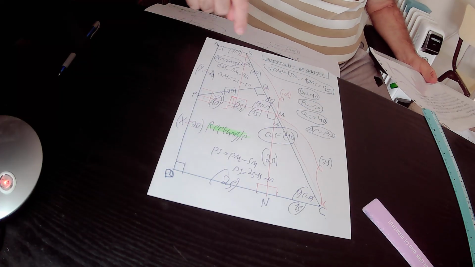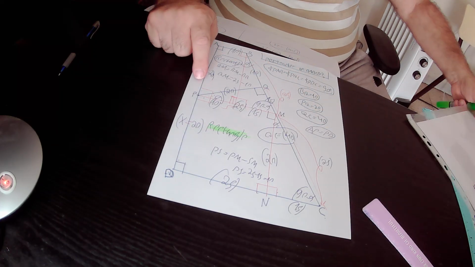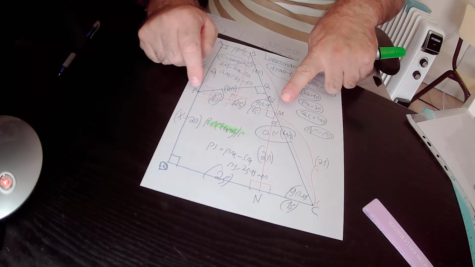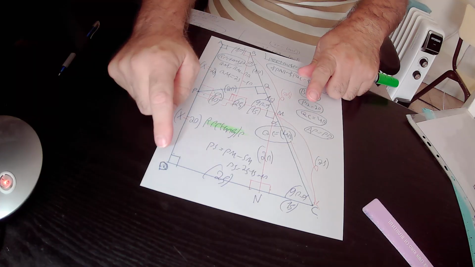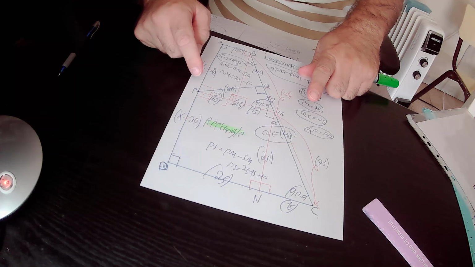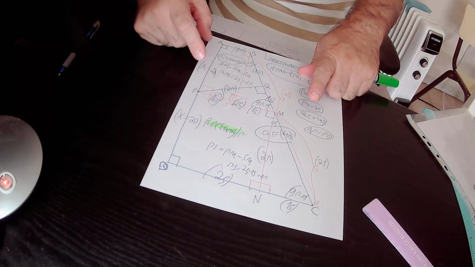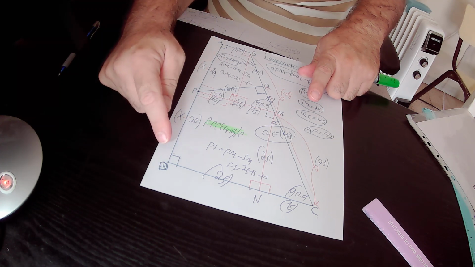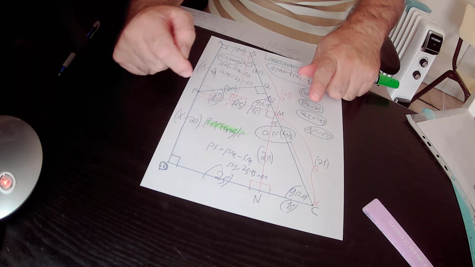So in trapezoid ABCD, line PM bisects AD. Why does line PM bisect AD? Because at point P, AD has been bisected into two halves. The first half is AP, and it is of course equal to the second half, that is PD. Each half equals X, and each half must be equal to AD over 2, that is 2X over 2, that is X.